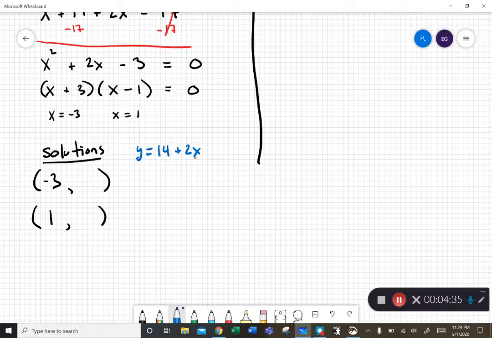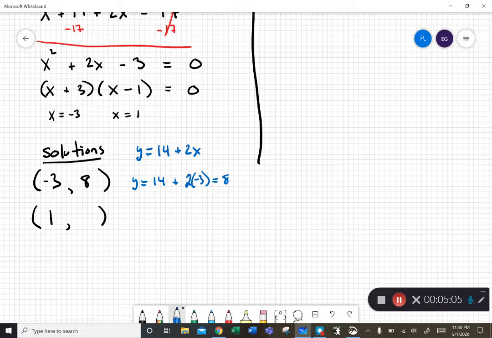If x is negative 3, then we get y equals 14 plus 2 times negative 3, or 14 minus 6, which is 8. So when x is negative 3, y is equal to 8.